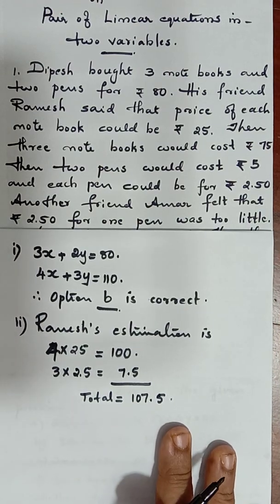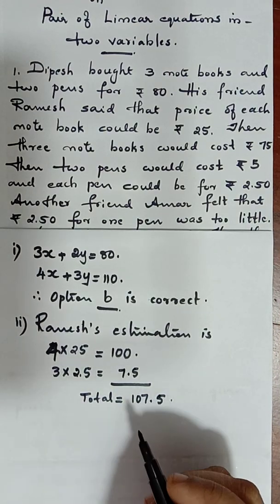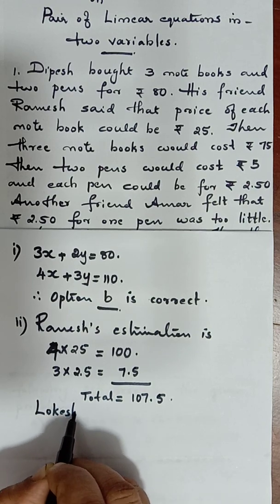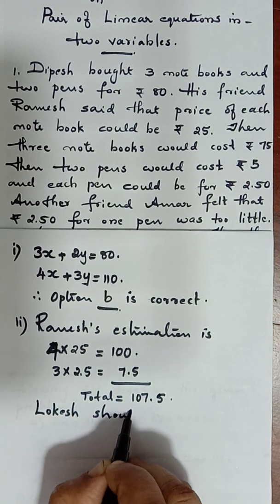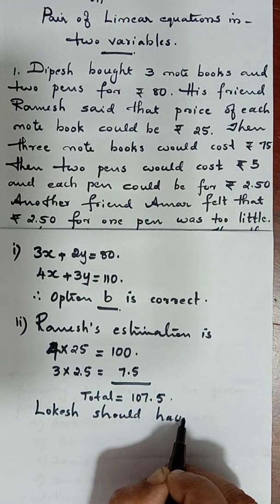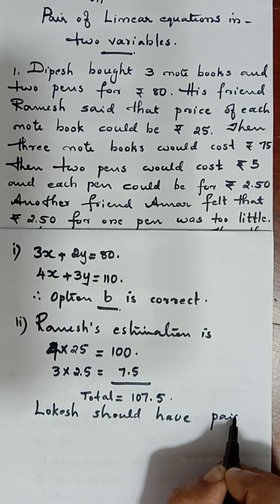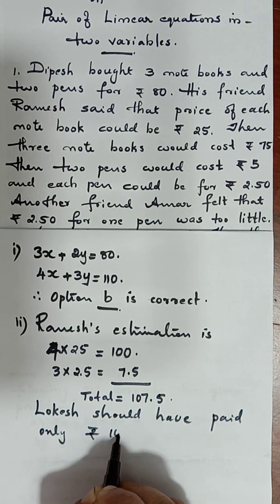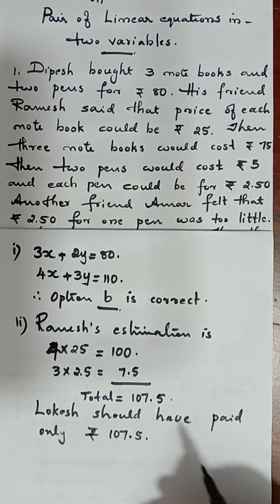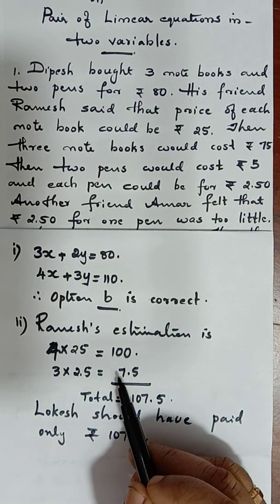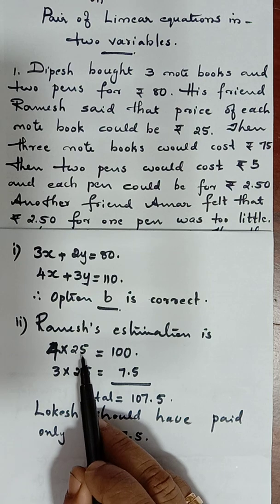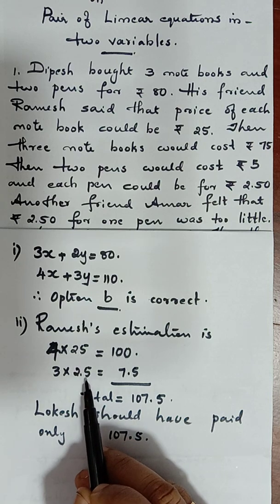Now again, when we come back to the answer, we will see that Lokesh should have paid only rupees 107.5 according to Ramesh's estimation. He has said 25 rupees can be taken for a notebook and 2.5 rupees for a pen.